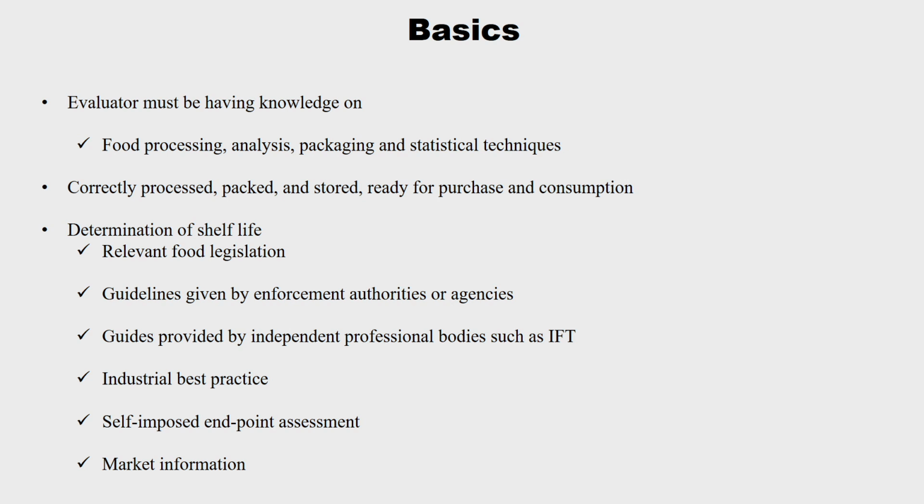This we have discussed in vast detail in pasteurization as well as sterilization processing, and guides provided by independent professional bodies such as IFT. So, this also we have seen in our previous lectures. And the good industrial best practice, that is, good manufacturing practices, that is GMP, and self-imposed endpoint assessment. This is done by the manufacturing industries themselves.